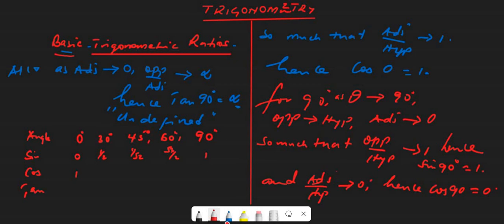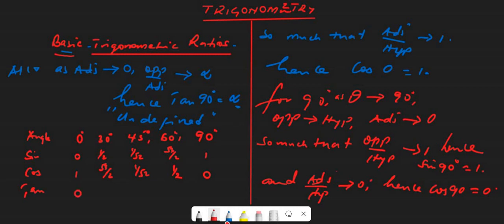We also found the cosine of 30 to be root 3 over 2, and the cosine of 45 to be 1 over root 2. And we found the cosine of 60 to be a half, but the cosine of 90 was found to be 0. We also found the tangent of 0 to be 0.